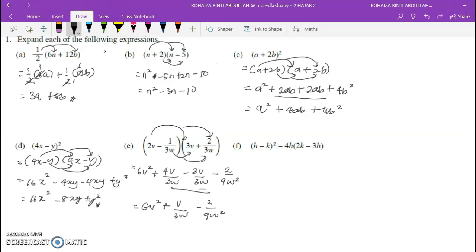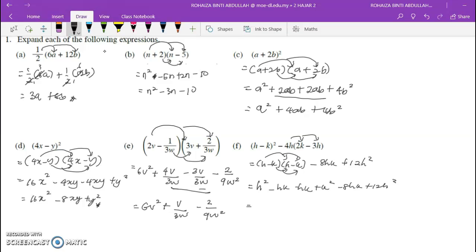Okay, question F. H minus k square means minus. Okay, yang ni kita boleh open bracket. 4 multiply 2, 8hk plus 12h square. So, kat lagi h square minus hk minus hk plus k square minus 8hk plus 12h square.